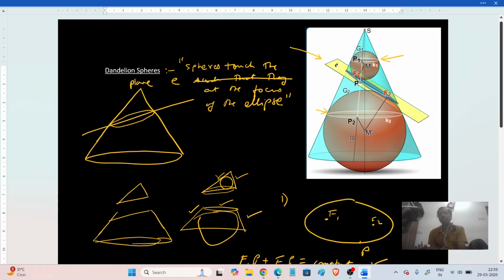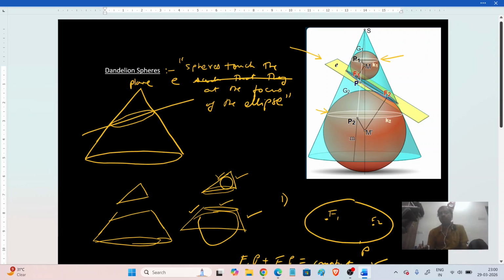So these three points are collinear. These are any random points which are collinear. Now please note that point P lies on the ellipse. This is a random point that lies on the ellipse. If I change P1 and P2, accordingly we can have a different P.